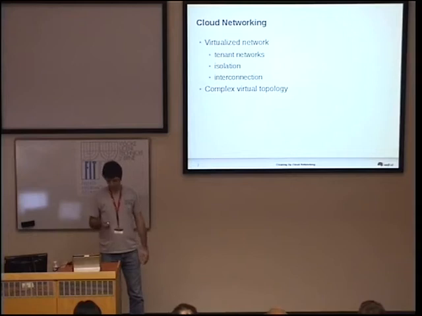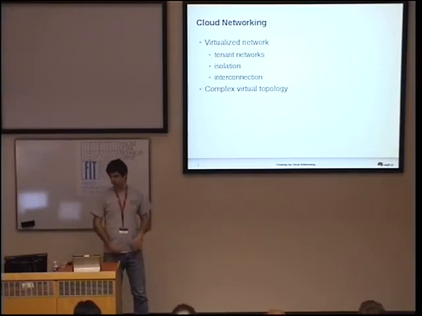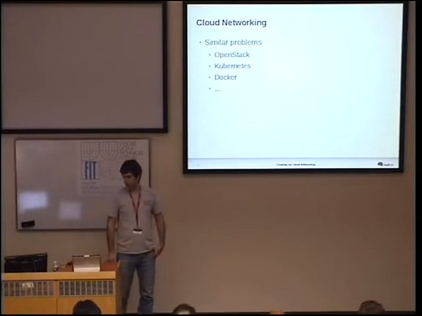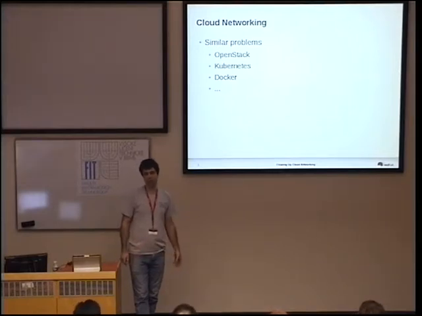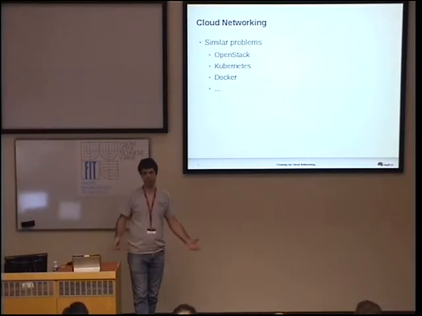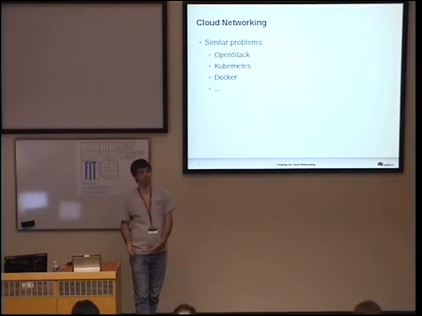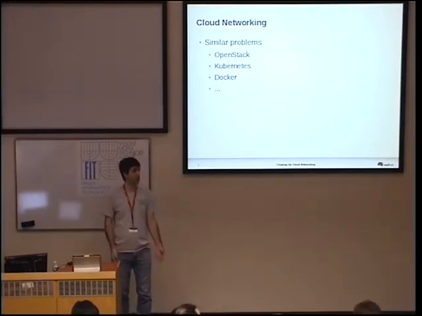All this stuff leads to a pretty complex virtual topology, we'll talk about it later. It really doesn't matter what technology you are using, what is underneath, whether it's OpenStack or Kubernetes, Docker. All of these things are solving or will be solving shortly the same problems.